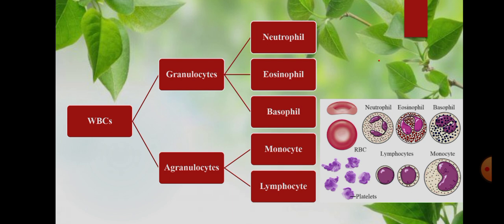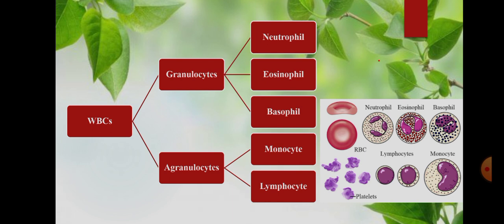Clear? Now the next one is basophil. When you look in terms of percentage, basophils are the least. Okay, among the total WBCs, basophils are the least. That is, 0.5 to 1% of the total WBCs are basophils, and they have a twisted nucleus.